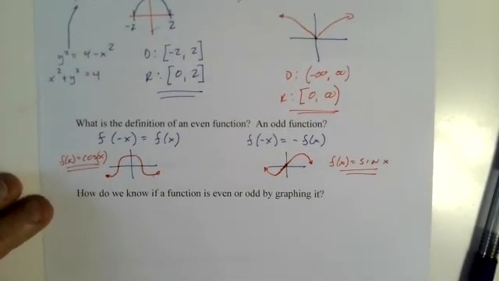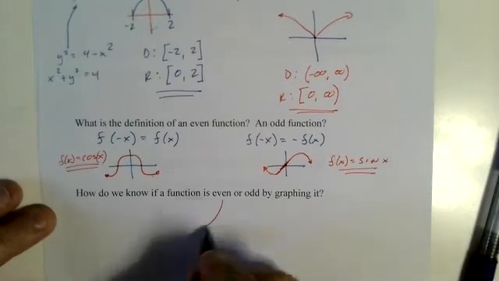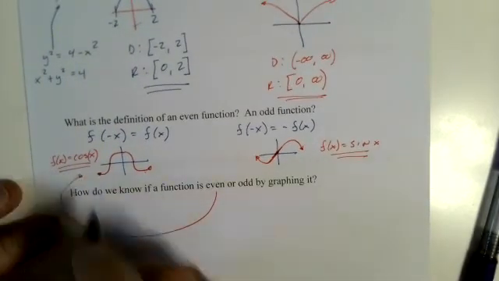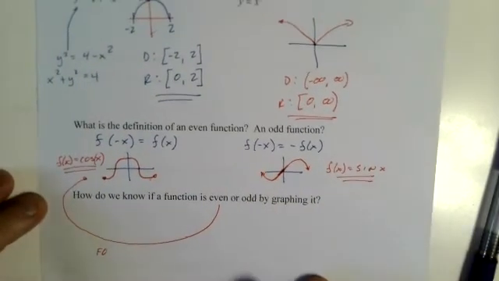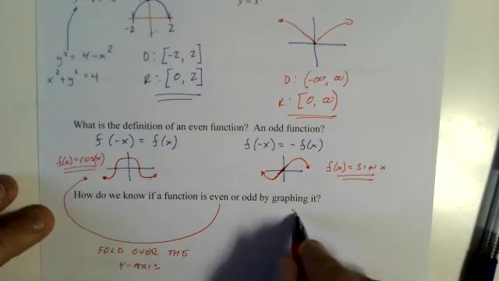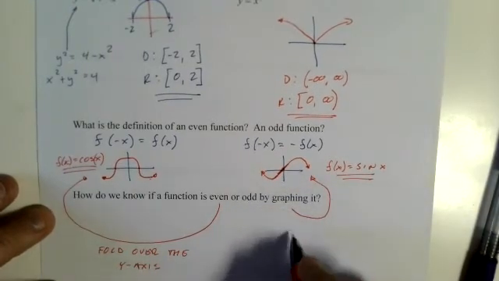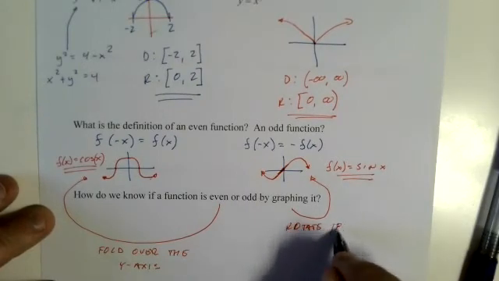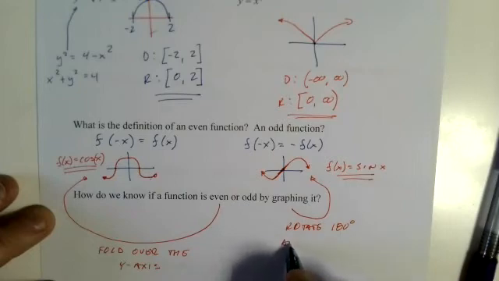How do we know if a function is even or odd by graphing it? That's what I just meant by symmetry. Even: fold over the y-axis. Odd: rotate 180 degrees about the origin.